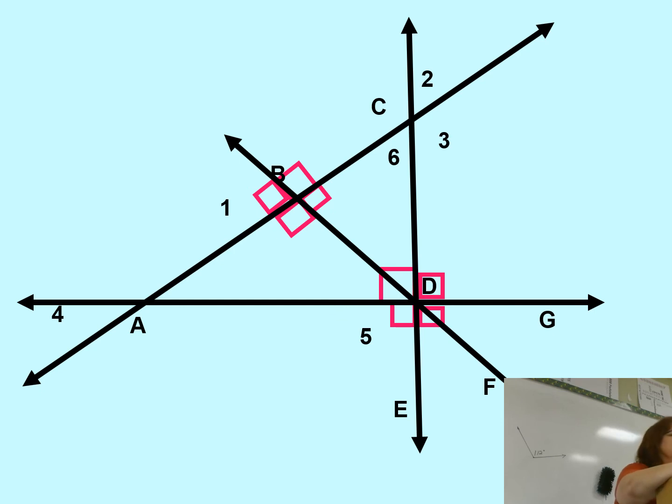When it's talking about things like angle 1, here's angle 1, is congruent to CBD. CBD right here. Alright, tell me how much is in this corner right here? A 90. How much is in this corner? A 90. So are they both the same? Yeah, so that's true. So that's how you're going to do it.